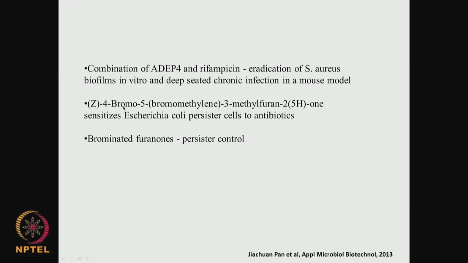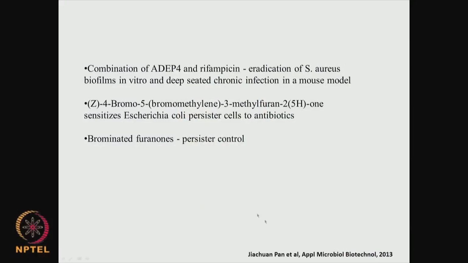Then another compound, like bromomethylene methylfuranone, sensitizes E. coli persistent cells to antibiotics. So, if I take this particular furanone and combine it with the antibiotics, I am able to kill persistent E. coli cells. So, brominated furanones seem to be a very good choice for sensitizing antibiotic resistant cells, and that has been shown in many examples in this particular reference.